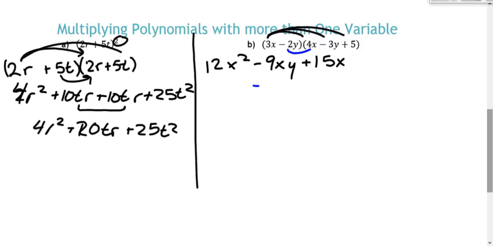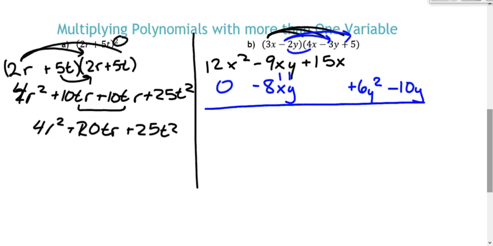That should give me negative 8xy. And I especially see the merits of it when I'm stacking, and that just helps me make sure that these are the same. So there's 0 here, and then this is negative 2y multiplied by negative 3y. So then that should give me positive 6y squared, and then here should give me negative 10y.